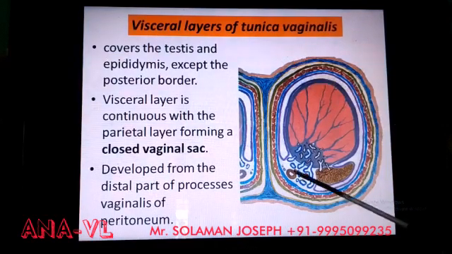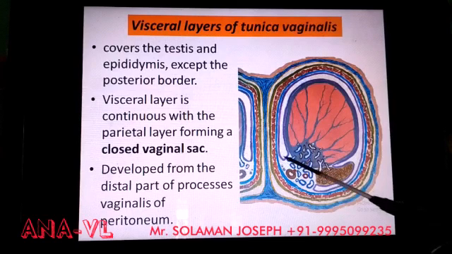First we are discussing the tunica vaginalis layer. It covers the testis and part of the epididymis, except the posterior border. This portion is the posterior border of the testis, and it is not covered with the tunica vaginalis.